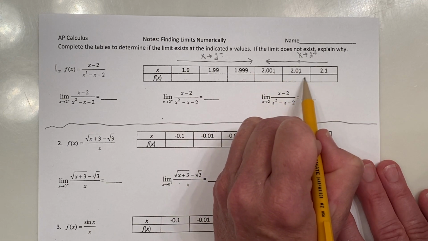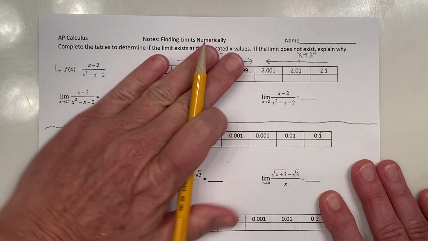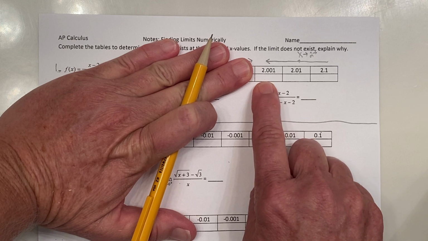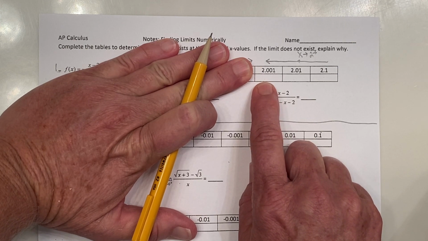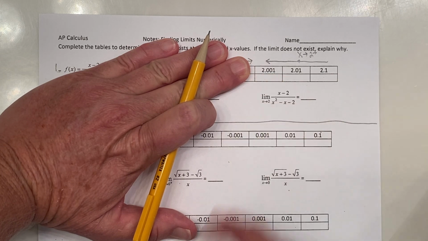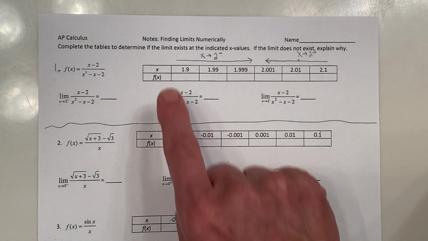Now we're going to observe these y values in this direction. If we don't feel like we have enough information based on the trend of these numbers and what the behavior looks like it's doing, then we could add another column of 2.0001 and so forth and so on. So let's fill in these table of values.